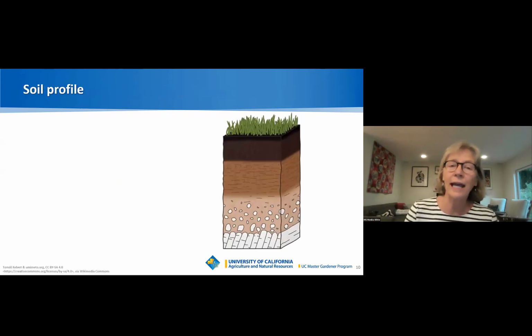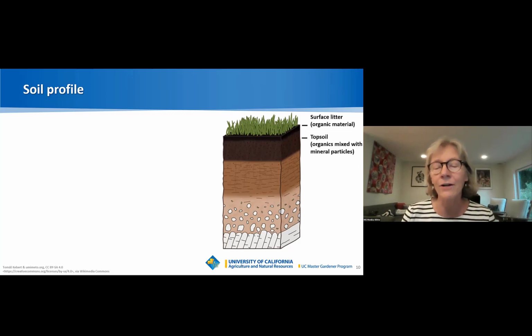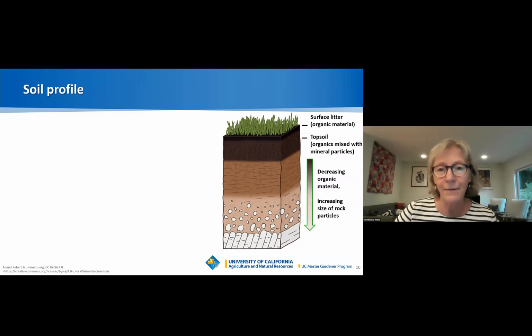So let's take a look at a profile of soil for just a moment. At the very top, there's surface litter, and that's organic material. That might be leaves and twigs, little pebbles, which are not organic. The next layer down is topsoil, and that layer is organic material mixed with mineral particles.